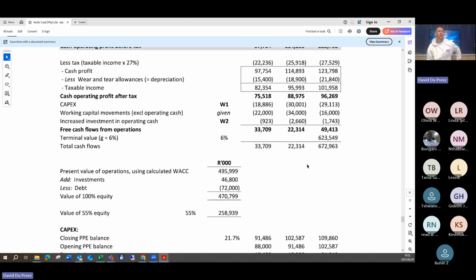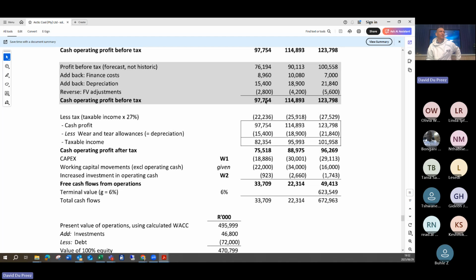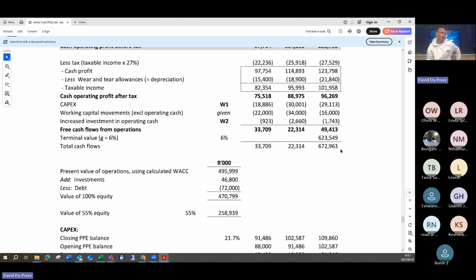Ultimately, even though you might have gotten certain things wrong in here, you would have gotten something right. By just using these cash flows to determine your net present value using the appropriate discount rate, and then adding other investments, less debt, you would have the value of equity.